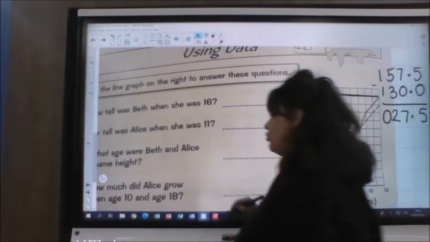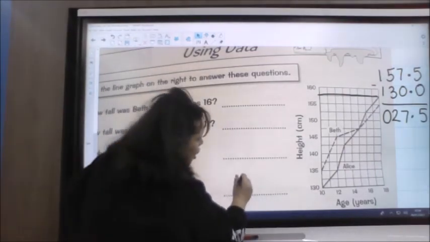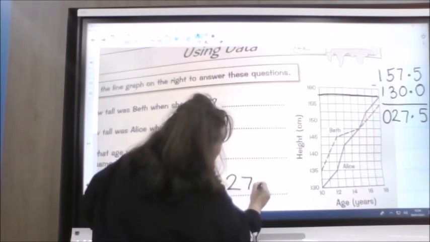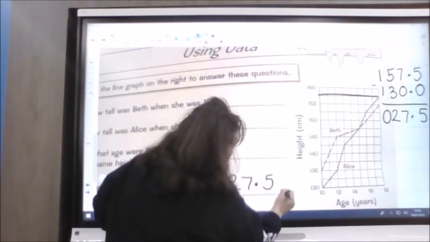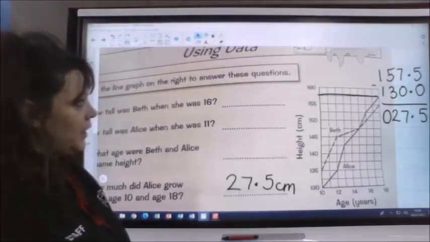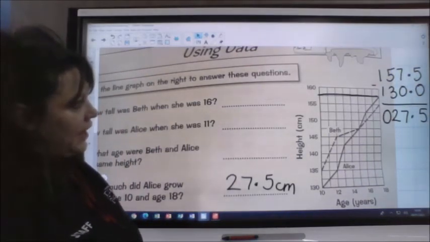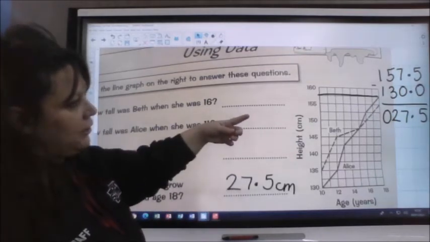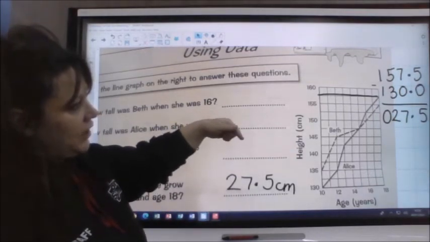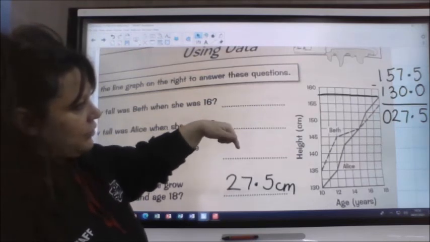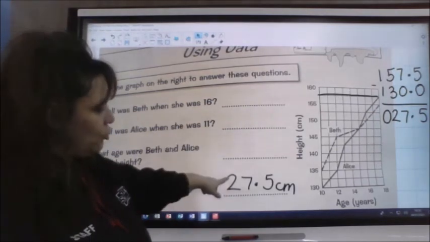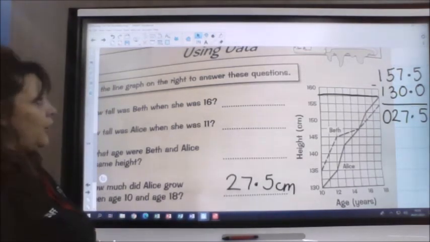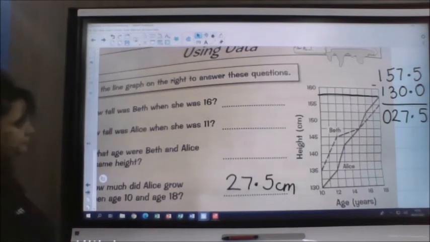So she has grown 27.5 centimetres. Okay, 27.5 centimetres.